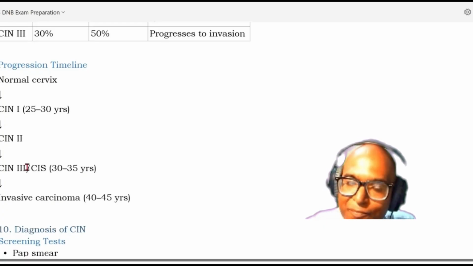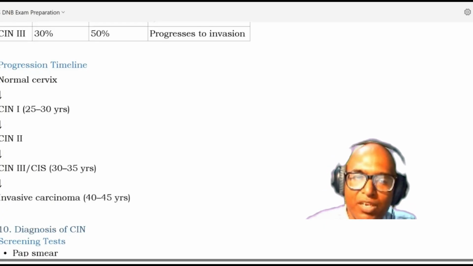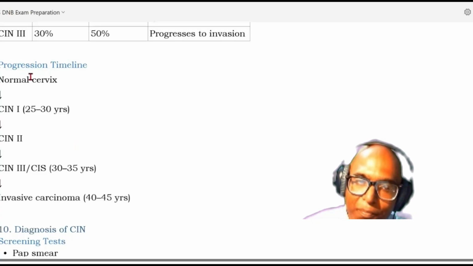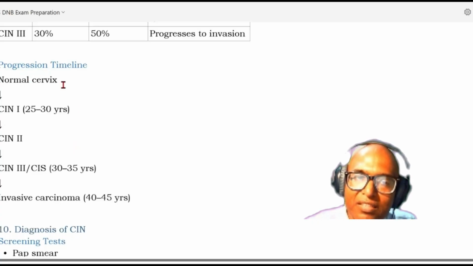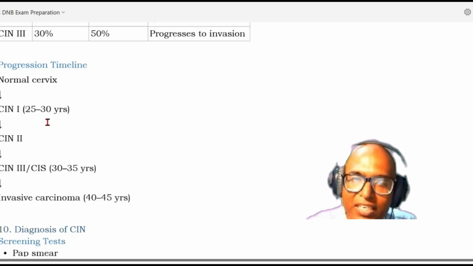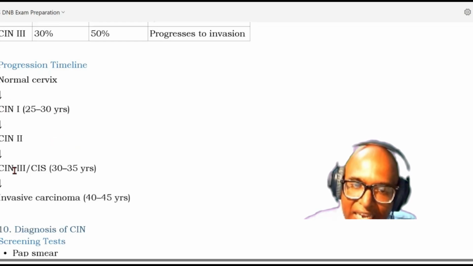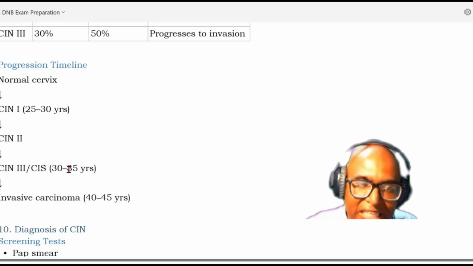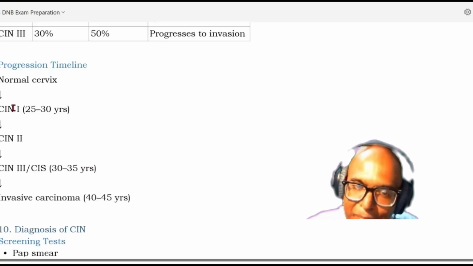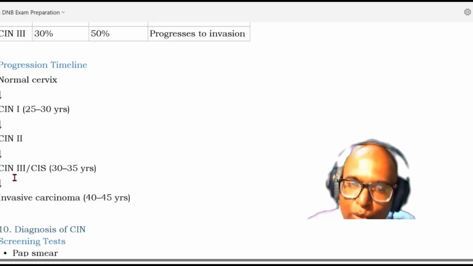That is why the progression chances will also increase. So the lady who develops the infection around 25 to 30 years, to progress from CIN1 to CIN3 or CIS, it will take at least 10 years. By that time, she will be 30 to 35. Still, there is no cancer. Changes are between CIN1 to CIN3 only.